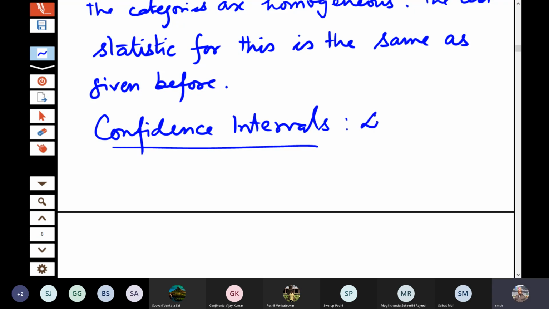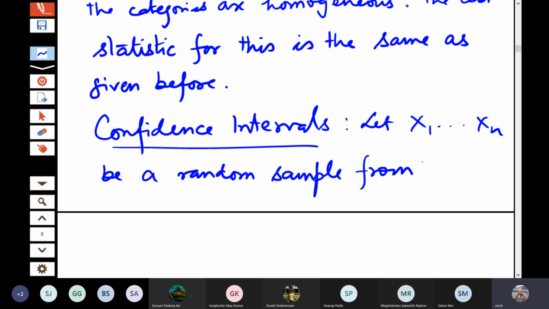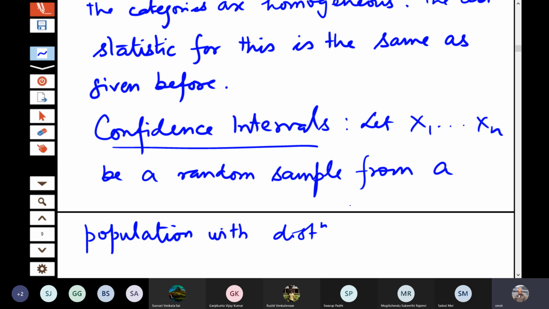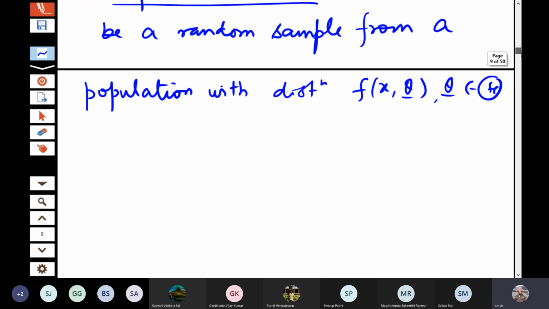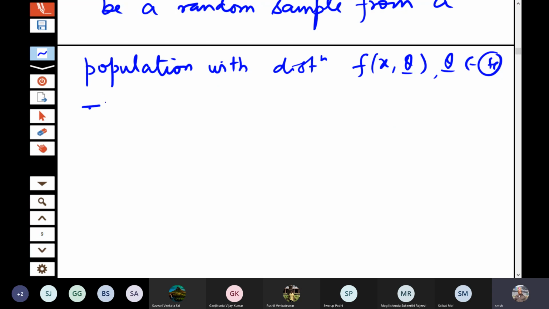Suppose I have a sample, let x1, x2, ..., xn be a random sample from a population with some distribution, say f(x, theta). Let us consider two statistics, T1(X) and T2(X).